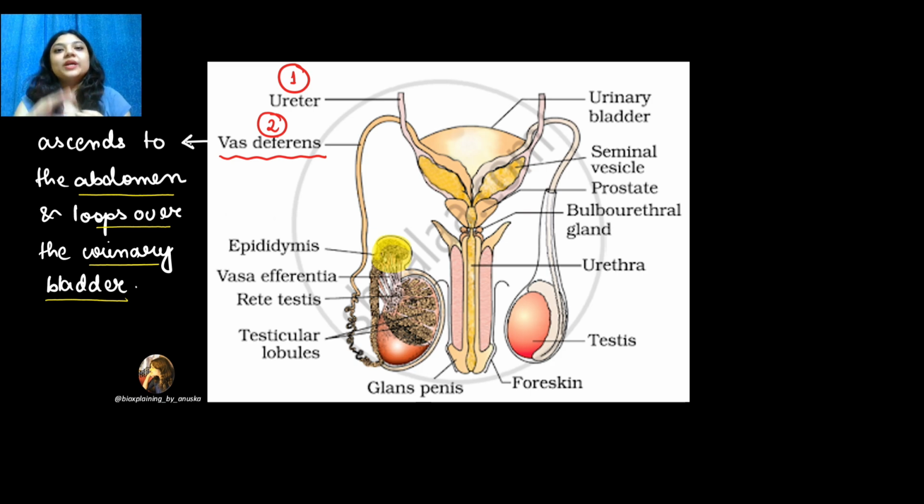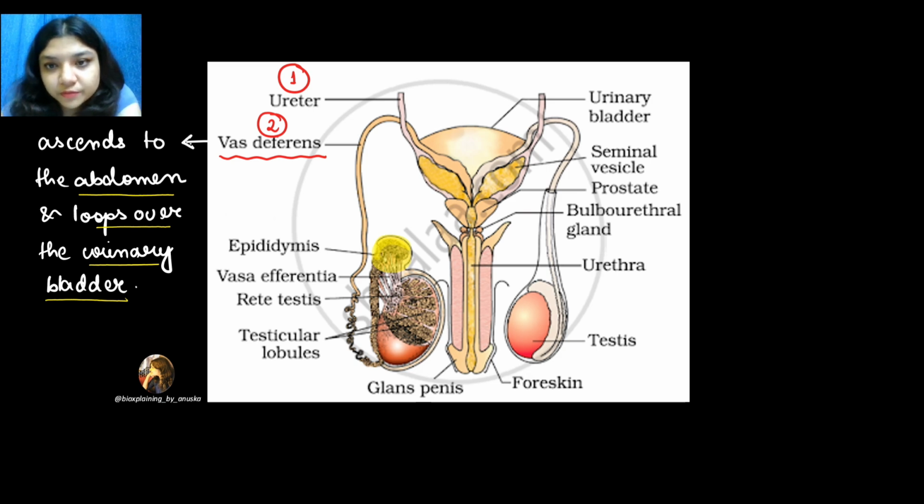So the seminiferous tubules, rete testis, epididymis, vasa efferentia, all of these are present in the scrotal sac. Now, this vas deferens is the structure which will enter into the abdomen. It ascends to the abdomen and loops over the urinary bladder.